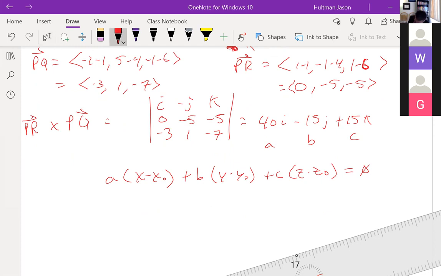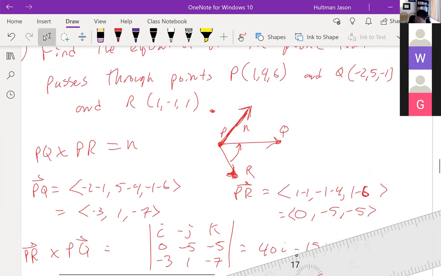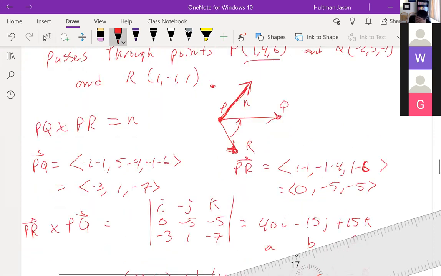Okay, so this is going to be 40 times x minus x naught. Well, what do we want to use for x naught? Well, we could just use P, since that's where the orthogonal is originating. So let's just use P. Okay, it really doesn't matter. We could use any of them, but we're going to use 1, 4, 6.